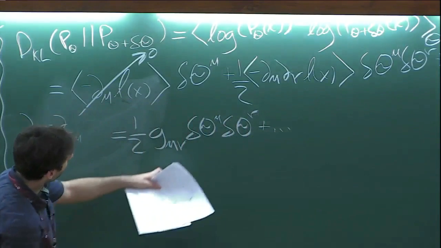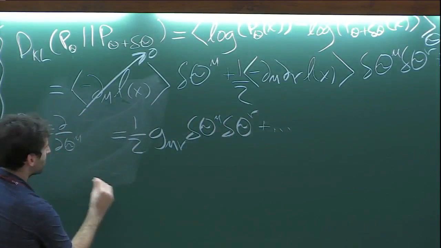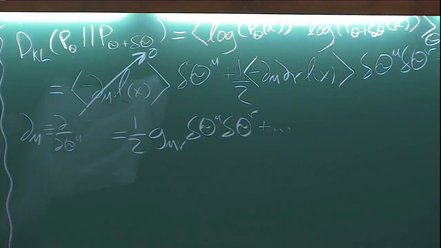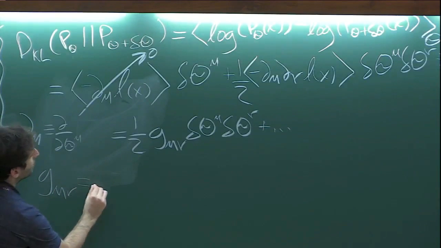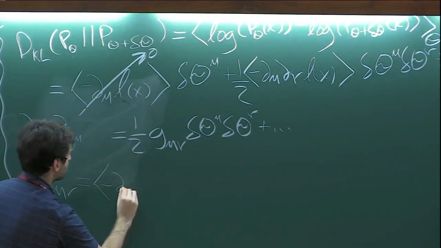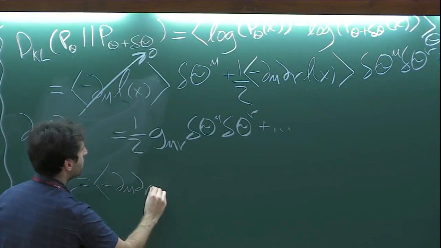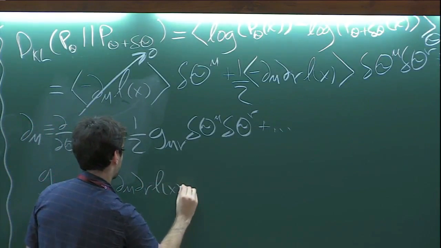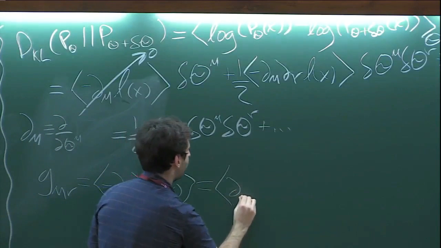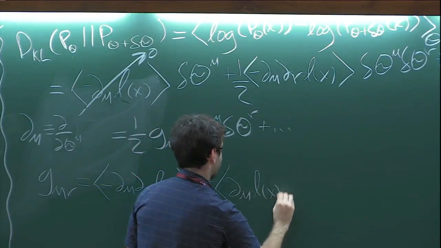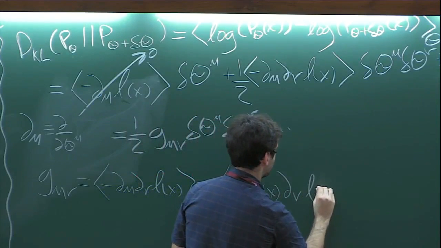I'm going to write this like this, and one of the things that we should do as an exercise tonight or this afternoon is showing that G mu nu, the Fisher information, we can either write as minus the expectation of d mu d nu L of x, or as the expectation of d mu L of x d nu L of x.